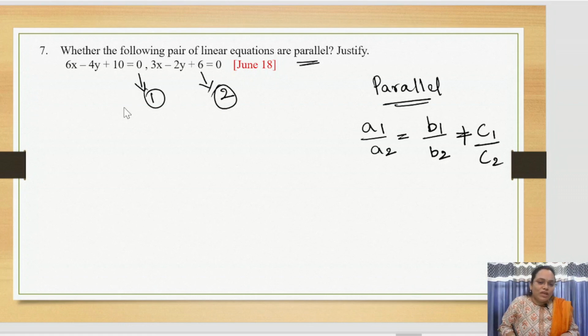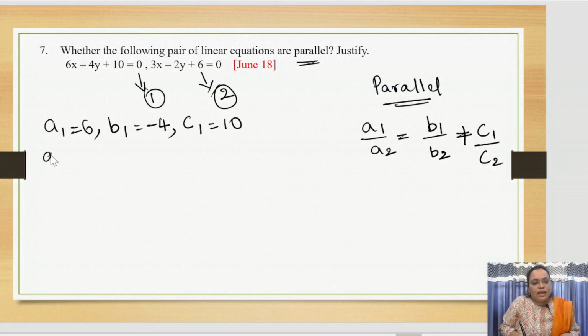So from these two equations, comparing them with the general form, you will get a1 = 6, b1 = −4, c1 = 10. a2 = 3, b2 = −2 and c2 = 6.